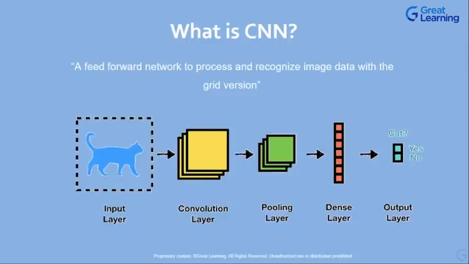If the probability is near 0, we can say this image does not belong to cat, right? If the probability is 0 for cat, and if the probability is near 1 for dog, we can say maybe this image is a dog image, right? So this is how we use our convolutional neural network. Okay, so why is it 3-dimensional?